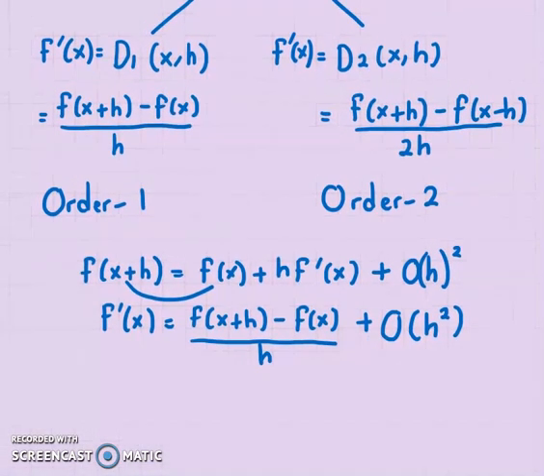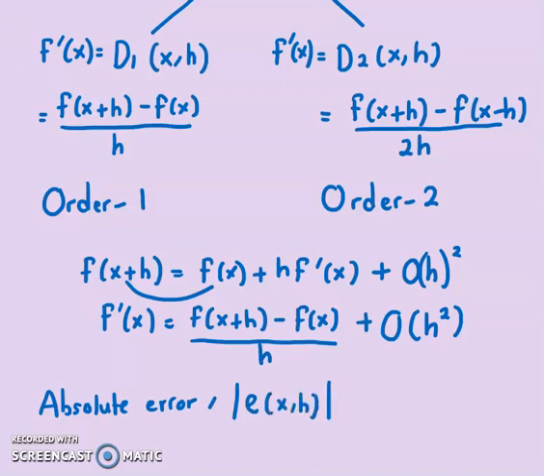Okay, so the process here, you can actually see that if I want to find the error or the absolute error, I can write it as the absolute of E(x,h) is equal to my D(x,h) minus f prime x.